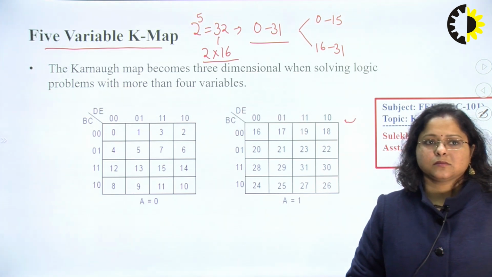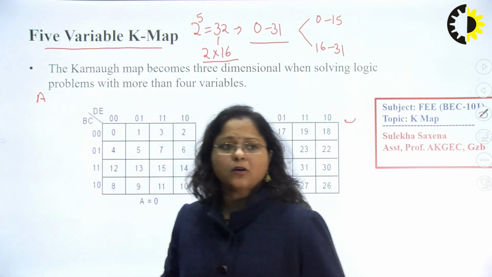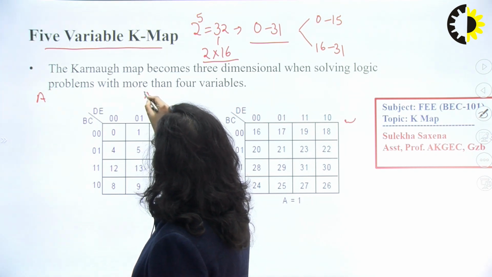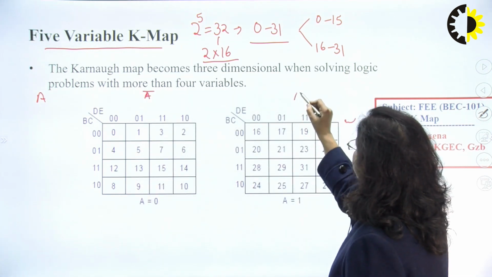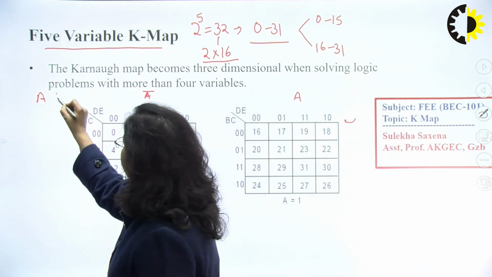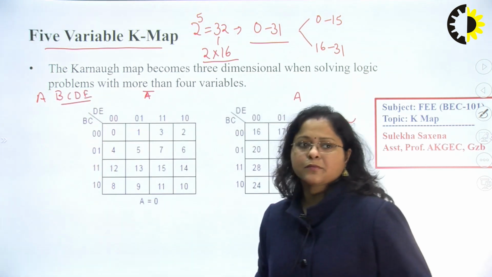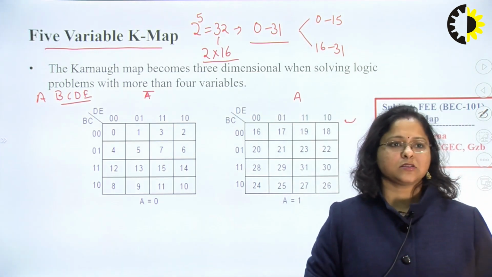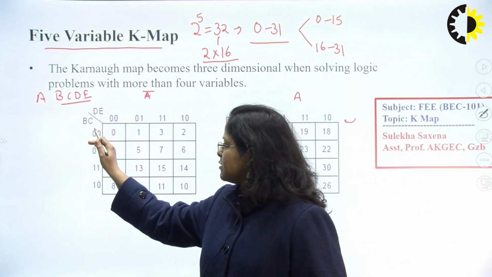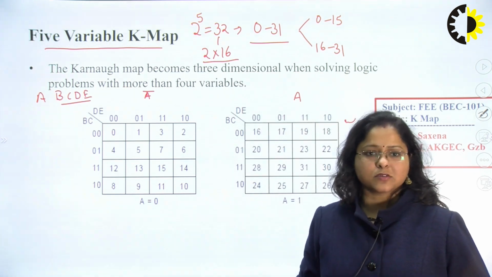For a 5 variable KMap, the MSB will be taken outside the KMap, and for the first KMap it will be considered as A bar, that is 0, and for the second KMap it will be considered as 1, that is A, and the remaining 4 variables are entered within the KMap. So, each single KMap consists of 4 variables. Except the MSB, the remaining 4 variables are within the KMap, that is B, C, D, E, and the most significant bit, that is A, will be outside the KMap.